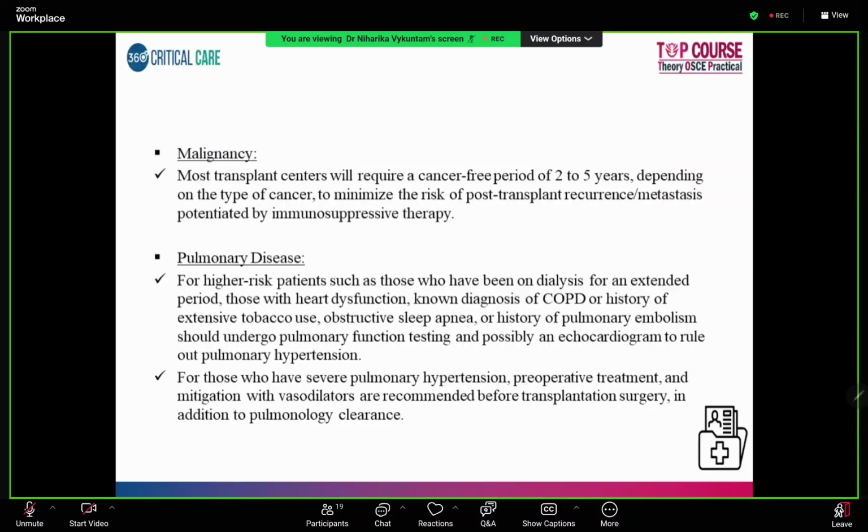These are the patients who have to undergo pulmonary function tests and should undergo an echocardiogram to rule out pulmonary hypertension. Suppose you have diagnosed that this patient has a severe pulmonary hypertension, then you have to treat the patient preoperatively, stabilize, and then plan for transplantation.